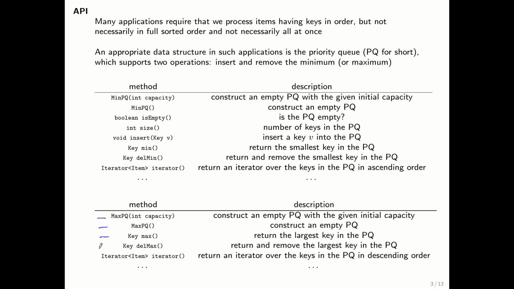And this method returns and removes the largest key in the priority queue. And this iterator method returns an iterator with which you can iterate over the keys in the priority queue in descending order, and that is because this is a max PQ. So that's the API for the min PQ and max PQ data structures.